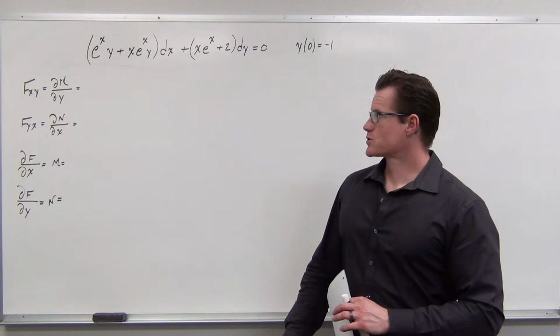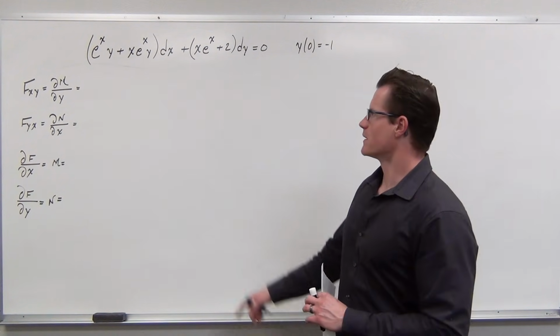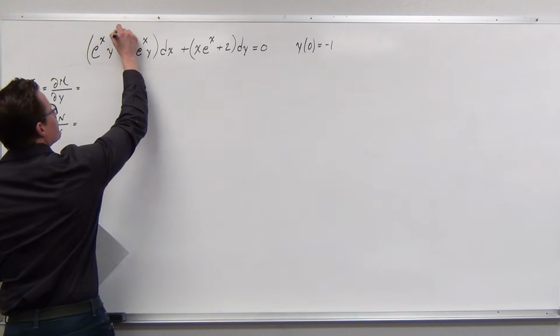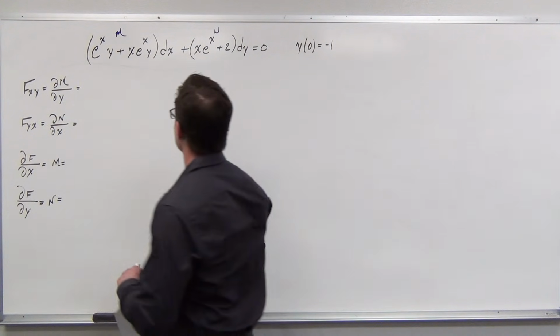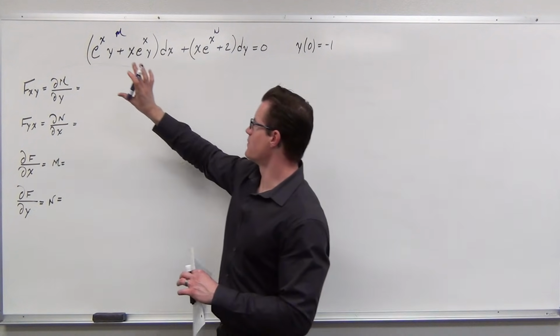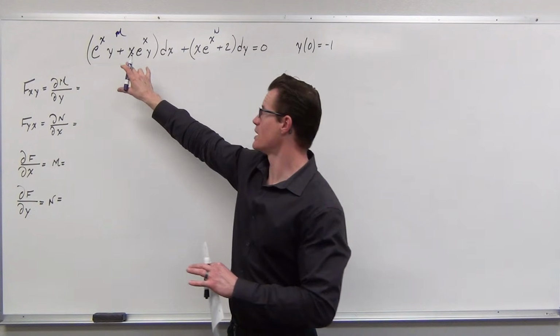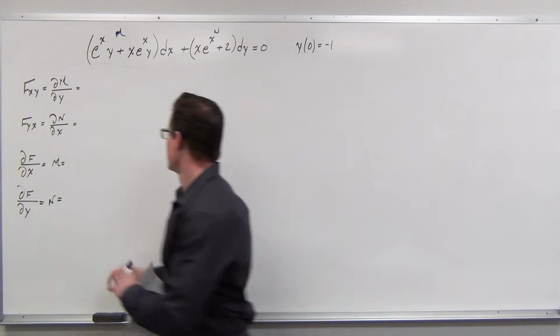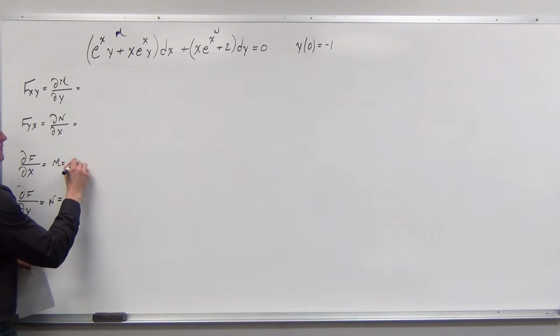So is it an exact differential equation? Let's find out. Let's call this m and this n. And let's see what happens when we find our mixed partials. So if this right here is an exact differential equation, then this would be the partial of f with respect to x.